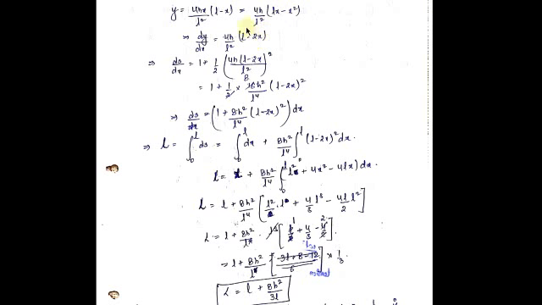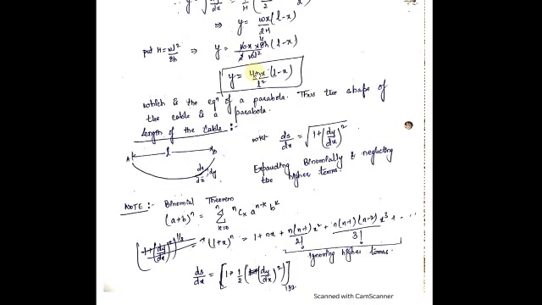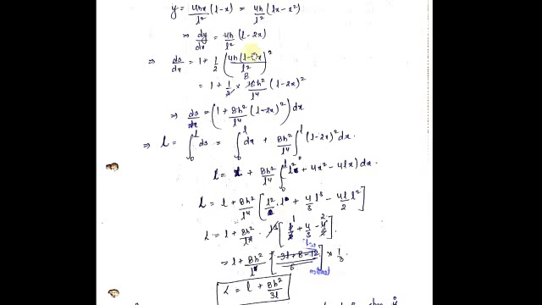Now put the value of dy by dx in the equation which we found for ds by dx. So you will get something like this. Now do the square, so you will get the value of ds by dx equal to this.